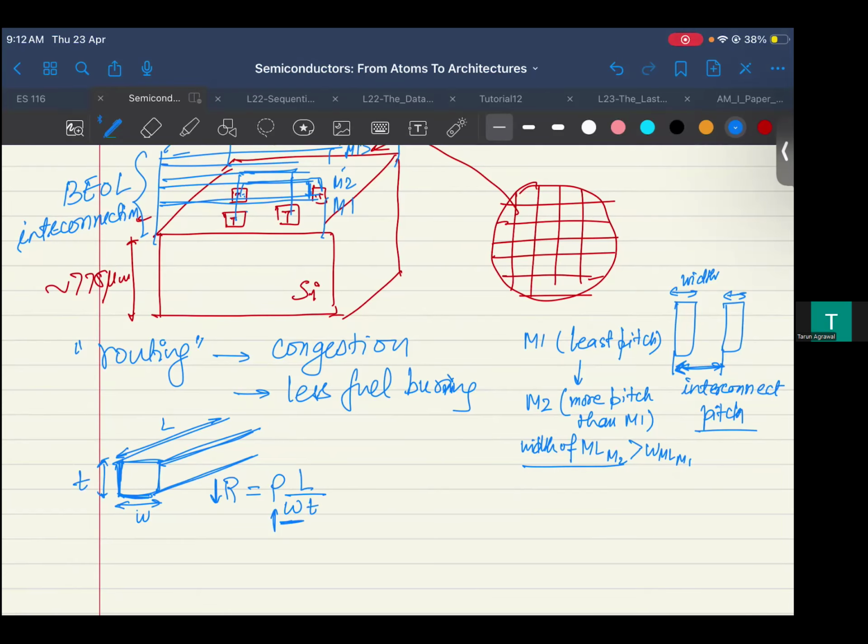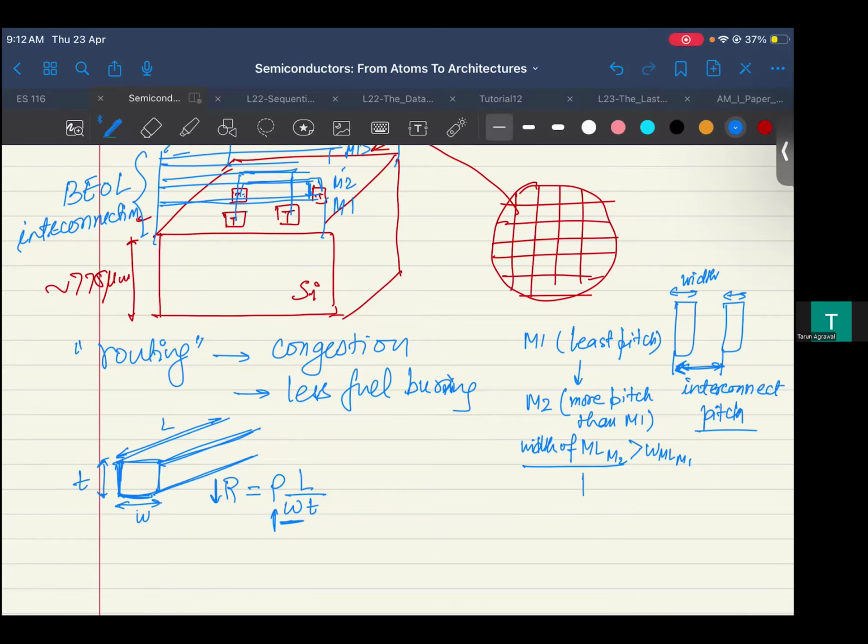Why does this resistance matter? Because, when combined with C, as we have talked about RC delays in a few videos, it plays a very important role. So even if you take a longer path, you face less resistance. That is what we can understand.